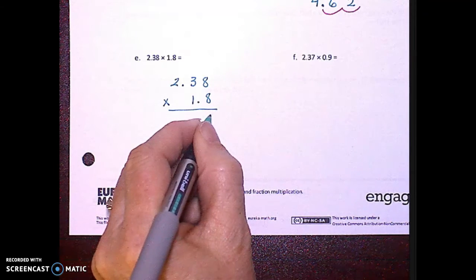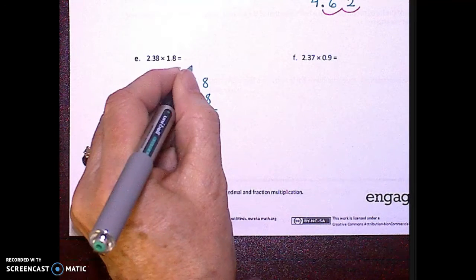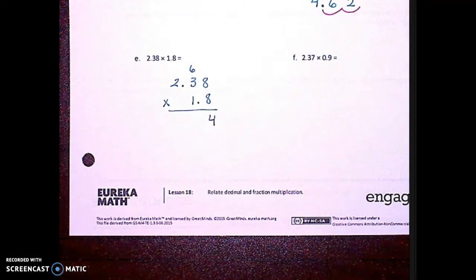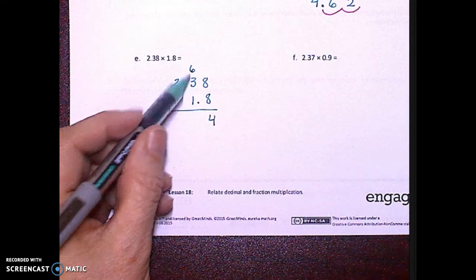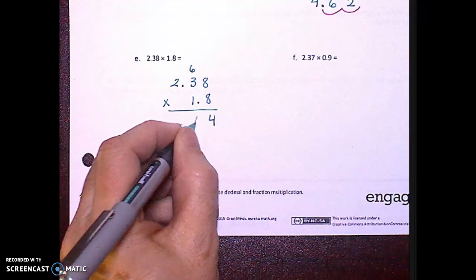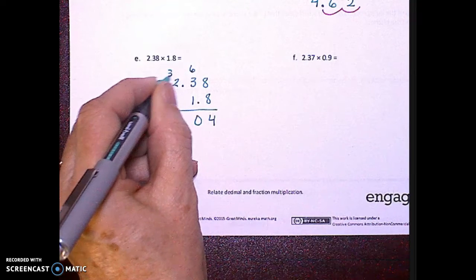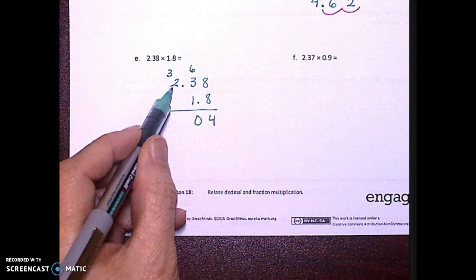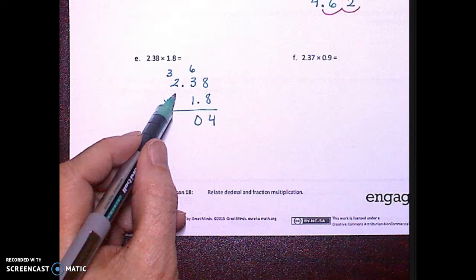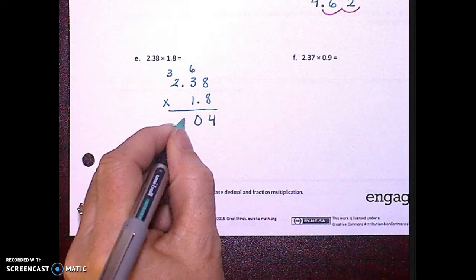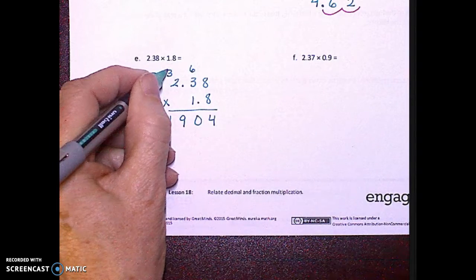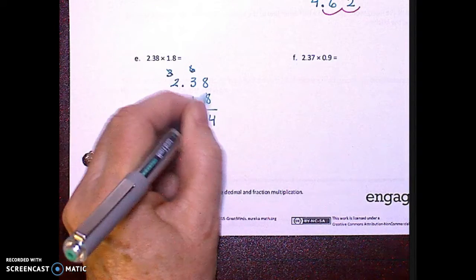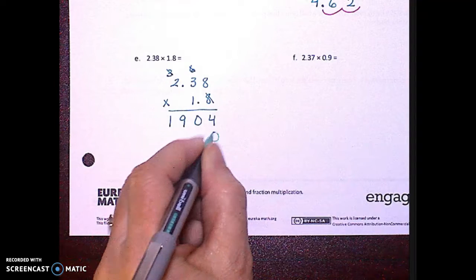Good, it's 64. So I have my 4, carry a 6, 8 times 3, 24 plus 6, 30. 8 times 2, good, 16, plus 3, 19. Cross out our carries, cross out our 8, placeholder 0.